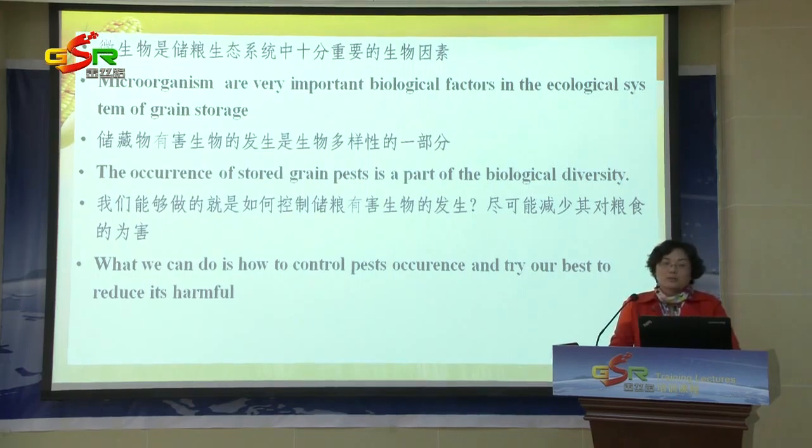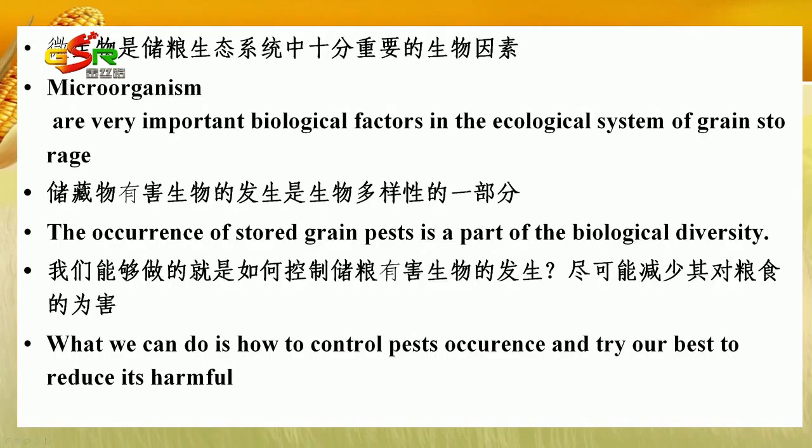When we talk about controlling pests, we must have an idea. You know, microorganisms are a very important biological factor in the ecological system of grain storage. They are one part of the ecological system.